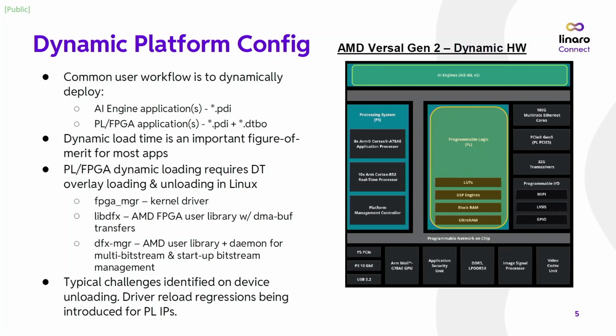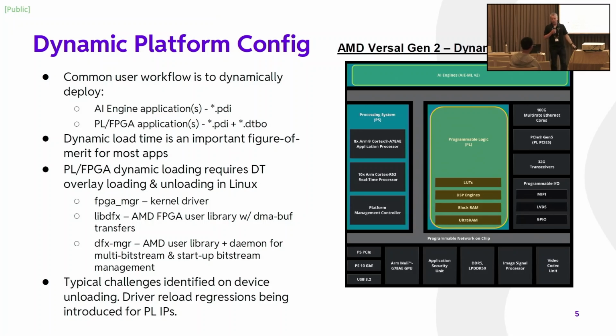Some of the other things that we also are working on is basically FPGA manager, an upstream kernel driver for loading FPGA pieces. That's pretty stable, but in terms of basically bringing that into the Linaro test Yocto images is something that we're discussing. And then we've got these user space libraries that are AMD Xilinx specific, and those are open source, made available for customers to bake in.